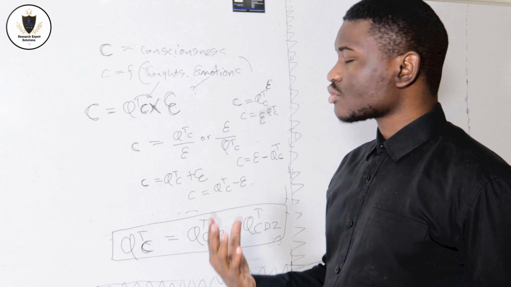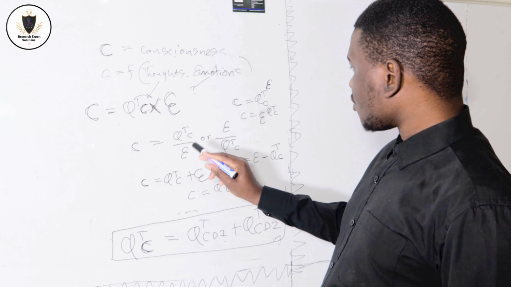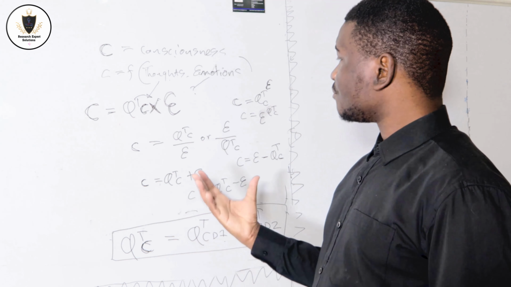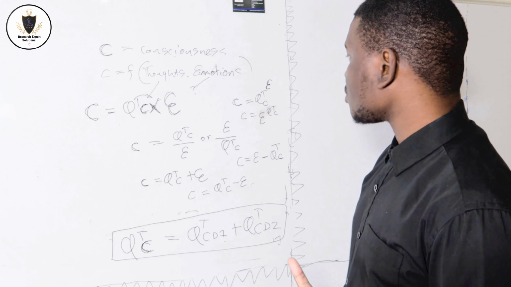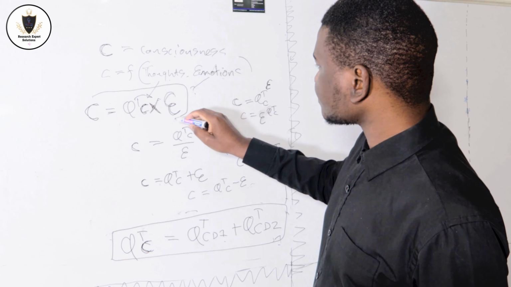Like I said, we're trying to come up with a mathematical expression of consciousness, right? So these are possible ways we can express consciousness, but instead we have chosen this one.